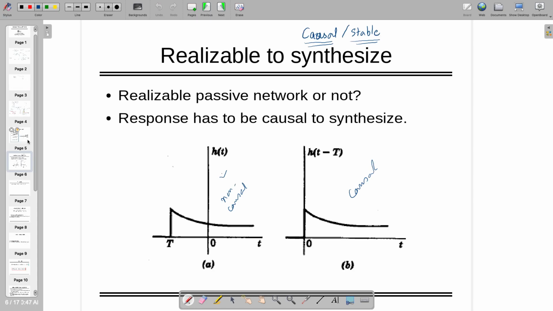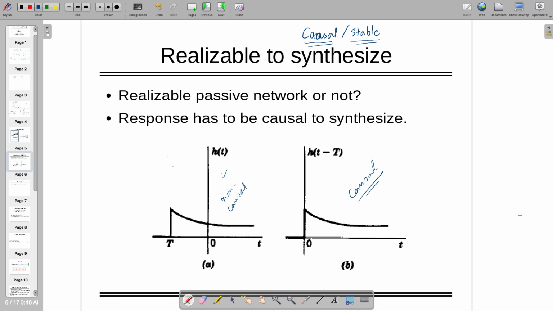So in this case, this is causal, but this is not. Maybe there are some other ways also to look at a causal system. Some mathematical proofs are there, but we are not going into that. I believe that you have studied it maybe in signals and systems, but just to check whether it's causal or not causal, you have to look at the impulse response, right?